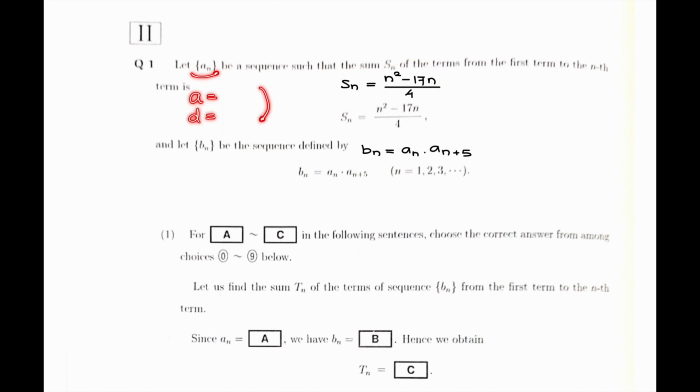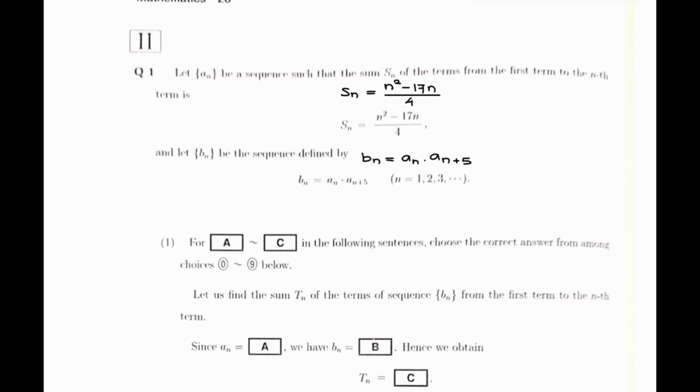So this is what I should do now. I need to find a, which is the first term, and then I need to find d, which is the common difference. To find the first term, I can substitute n with 1, and I will obtain S1 is equal to 1 squared minus 17 times 1, basically 1 minus 17 over 4. I got negative 4.